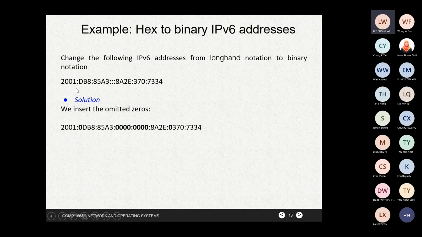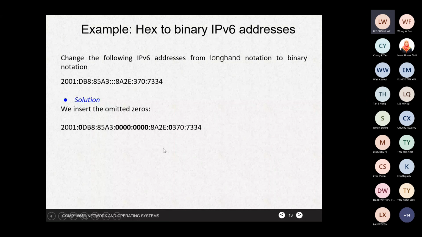So 2001, then the next one is missing some bits, so you add on a 0 here to make it DB8, and then here 8583, and then they put a dot, dot, dot. That means there are missing bits over here.